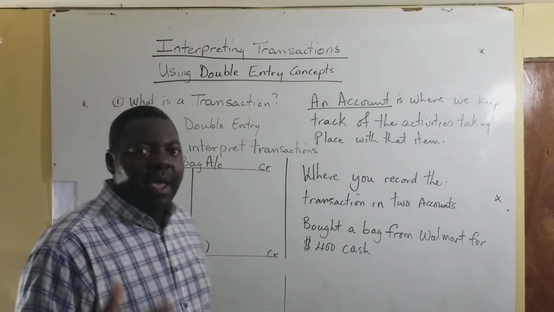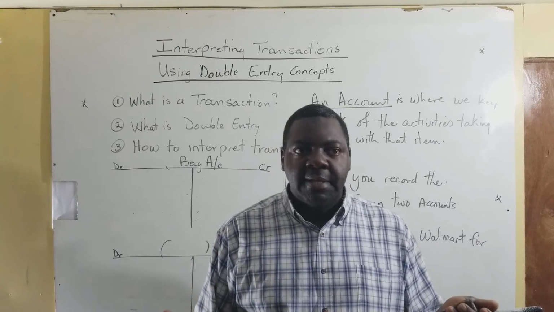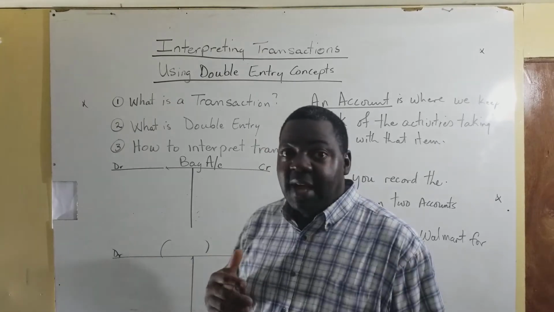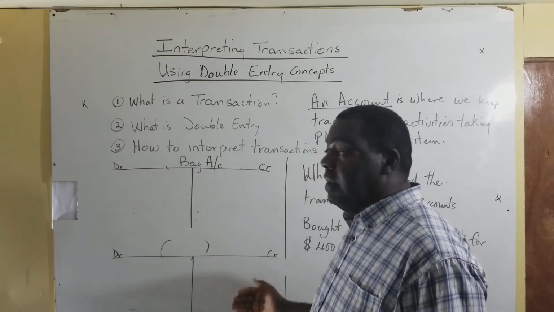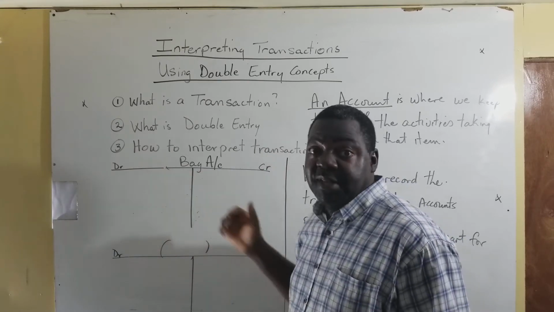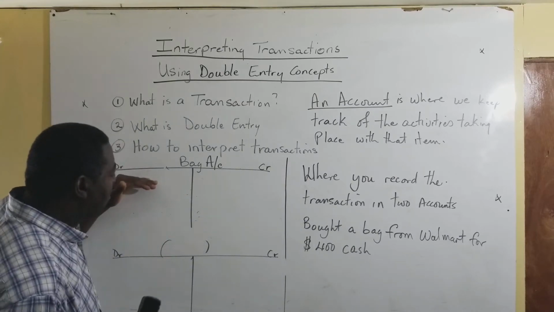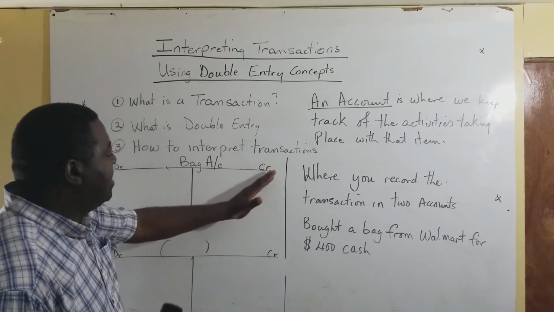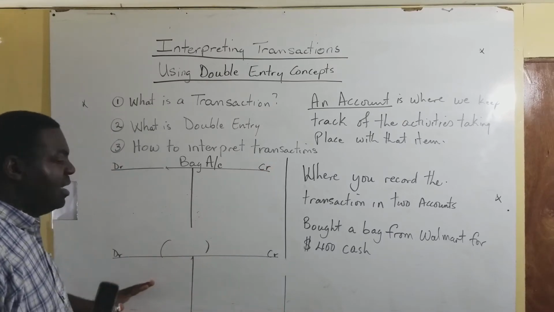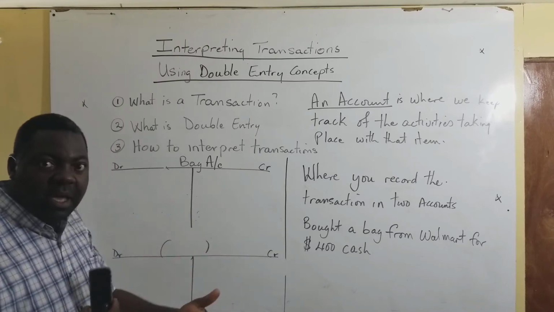Now, in double entry, you record opposite. So if you're recording a transaction in one account on the debit side, the next one will be on the credit side, so it's opposite. So if I debit in this account, I'm going to credit in this account. If I credit in this account, I'm going to debit. So it's always an opposite relationship in the double entry system.